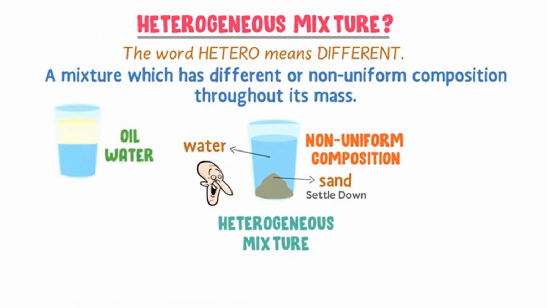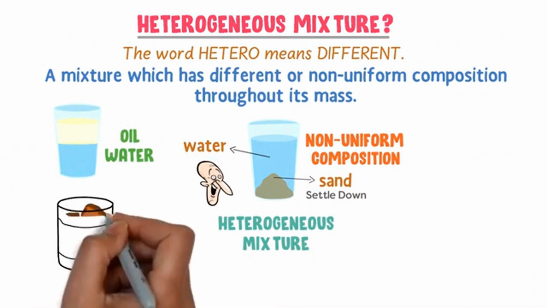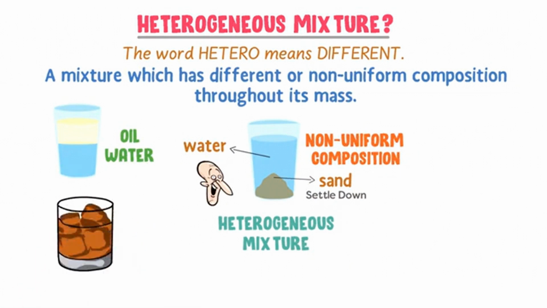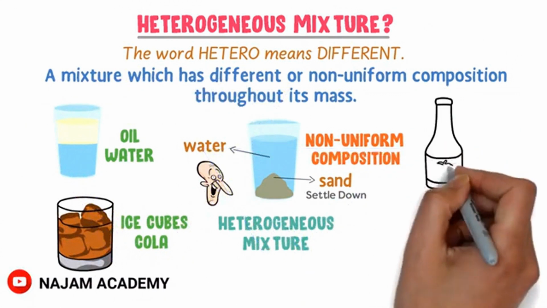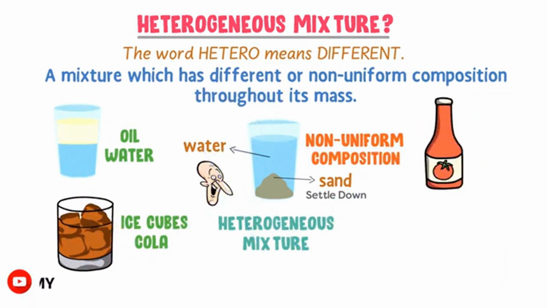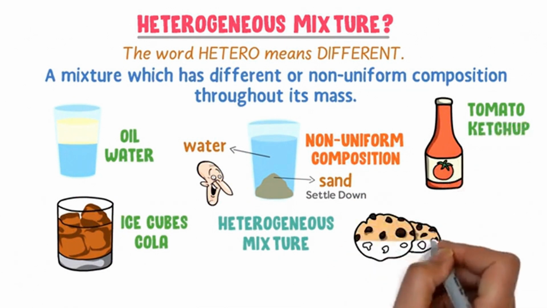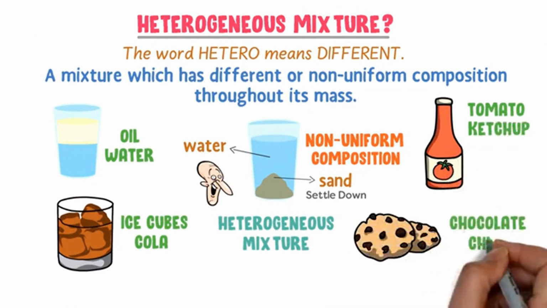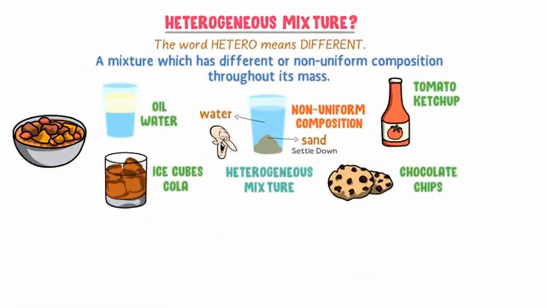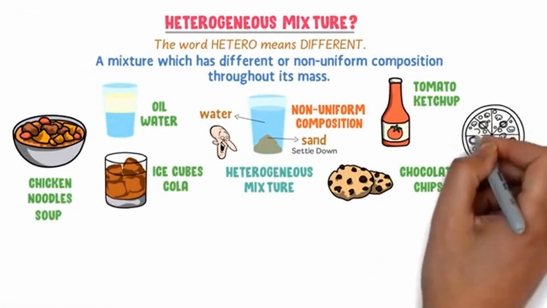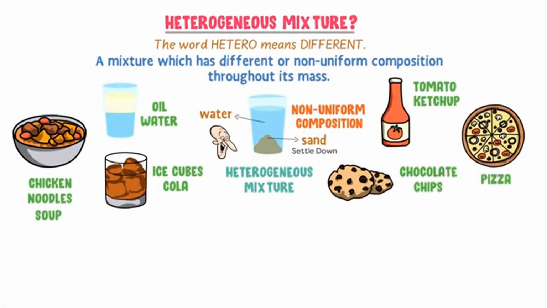Okay, if you have oil and water, that is a heterogeneous mixture. If you have ice cubes and cola, that is also a heterogeneous mixture. Tomato ketchup is also an example. Also, chocolate chips is another example. If you have chicken noodles soup, that is an example of heterogeneous.